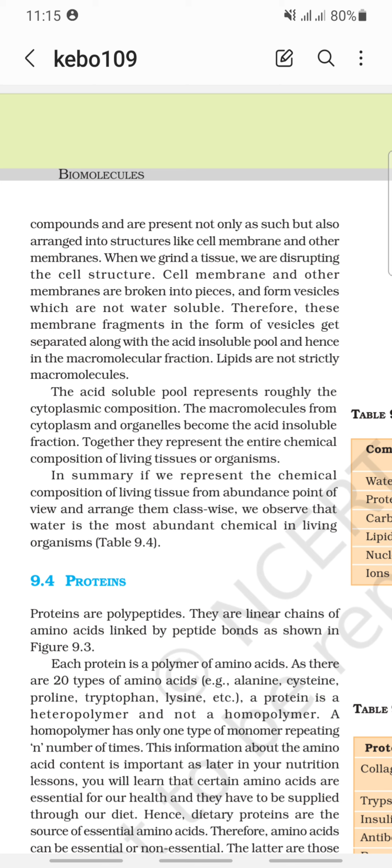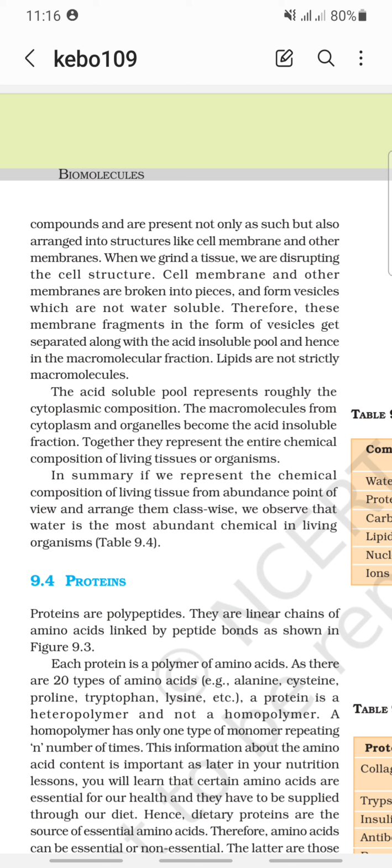The acid soluble pool represents roughly the cytoplasmic composition. The macromolecules from cytoplasm and organelles become the acid insoluble fraction. Together they represent the entire chemical composition of living tissue or organism.